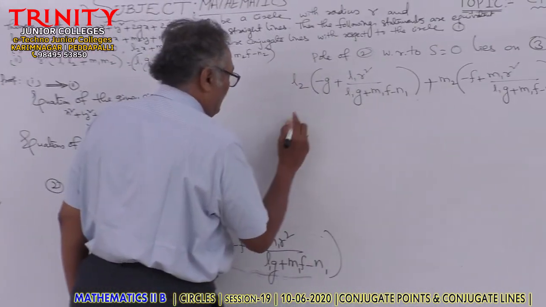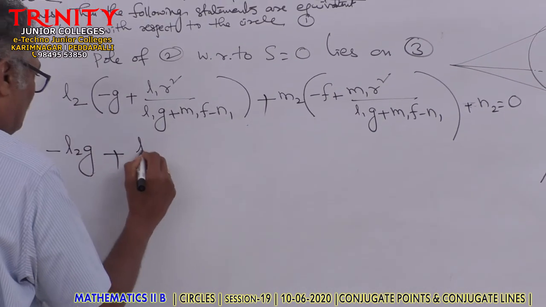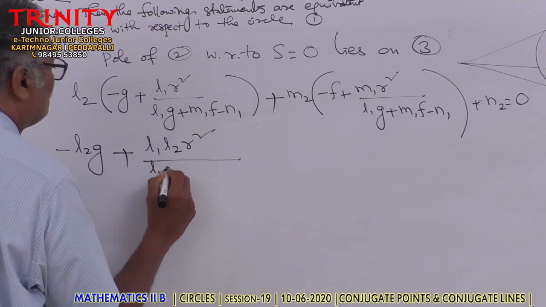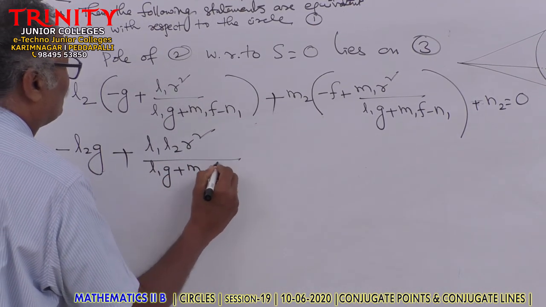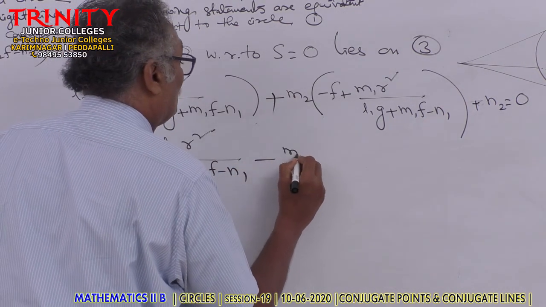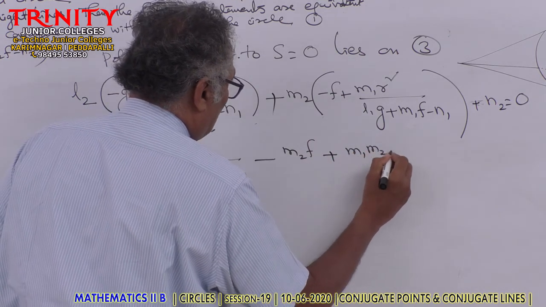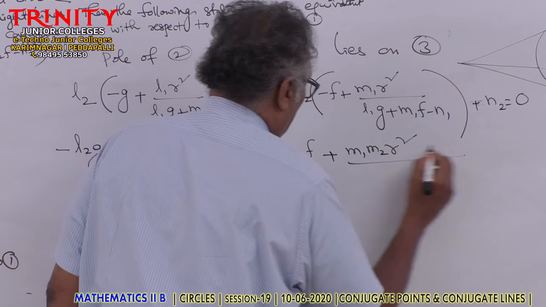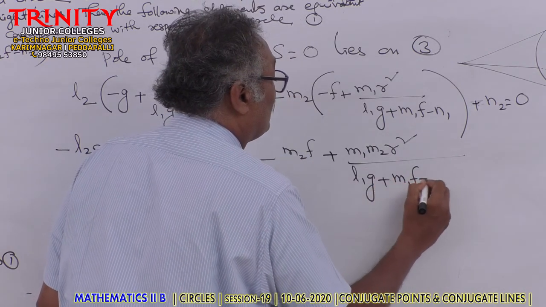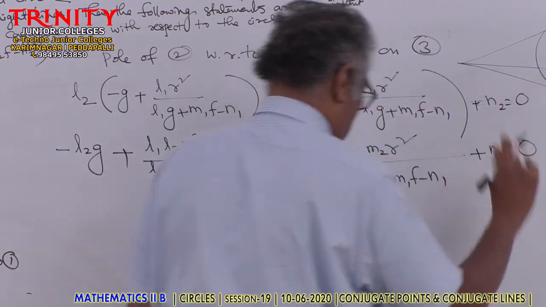Here, minus L2g plus L1 L2 R square by L1g plus M1f minus N1, minus M2f plus M1 M2 R square by L1g plus M1f minus N1, plus N2 equals 0.